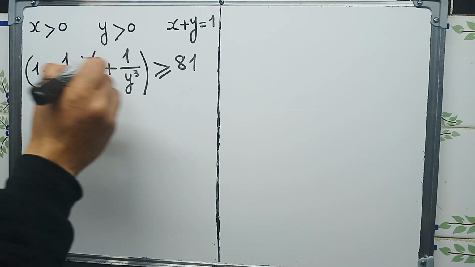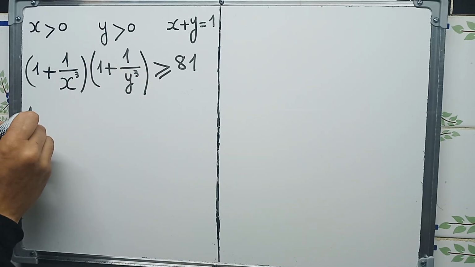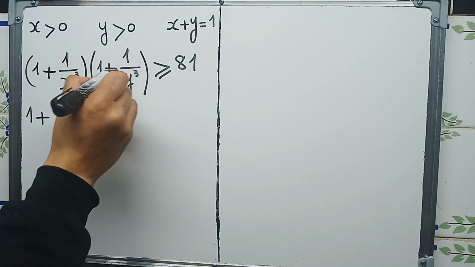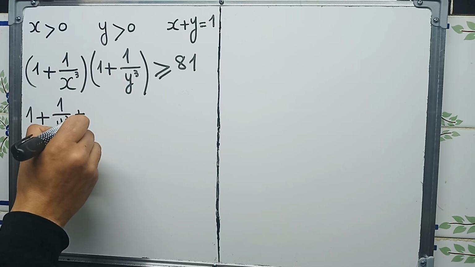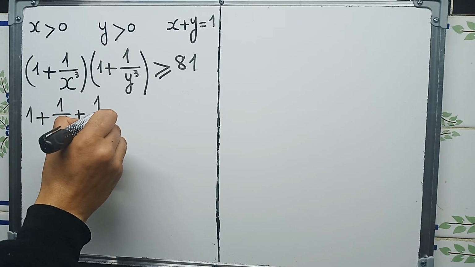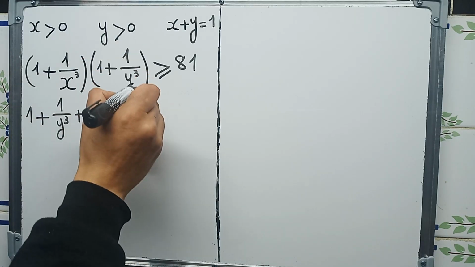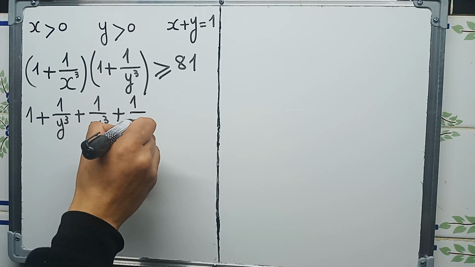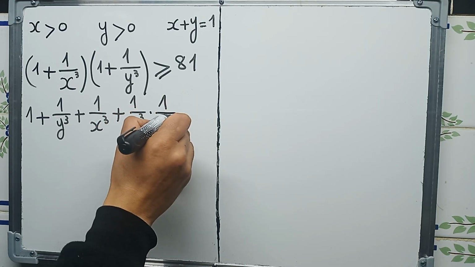First of all, we will expand. We have this product is equal to 1 plus 1 over y cubed plus 1 over x cubed plus 1 over x cubed times 1 over y cubed.